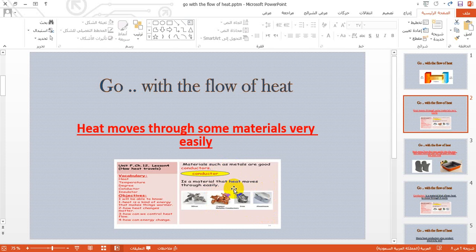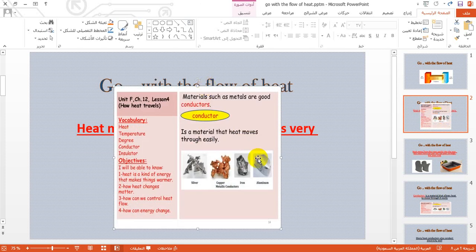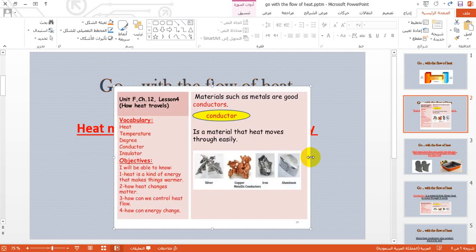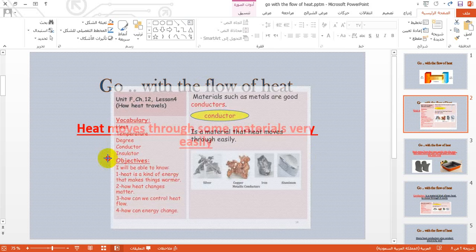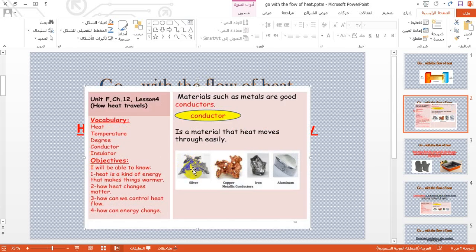These are examples of some metals that are used in making kitchen tools, for example, iron and copper. Both together help us make the containers, bowls and kettles of the kitchen.